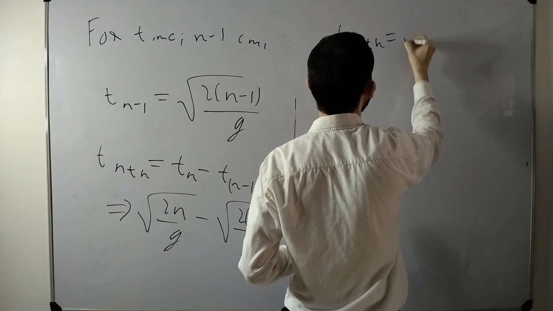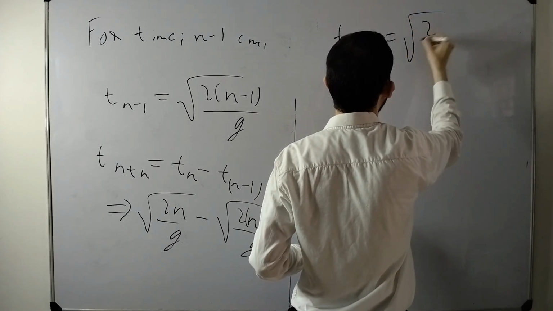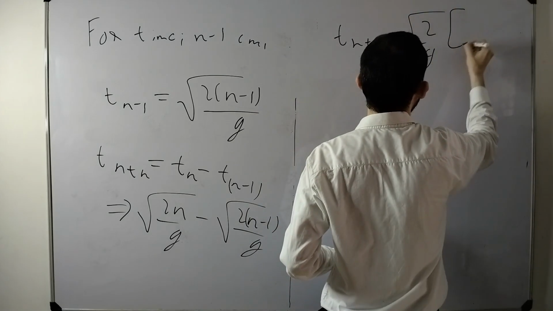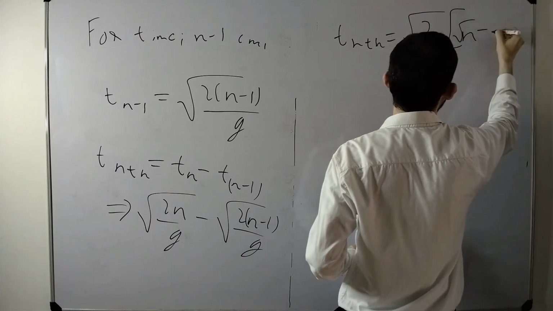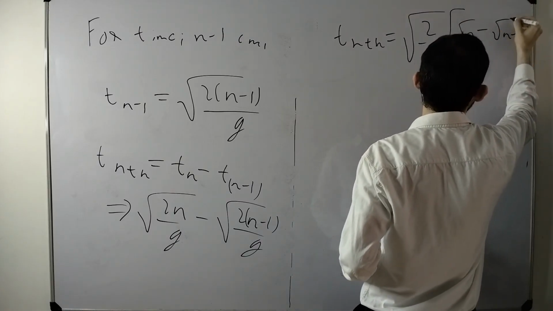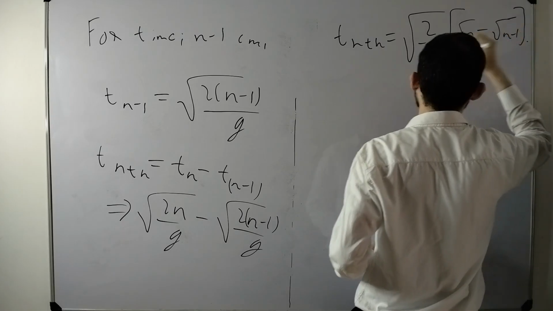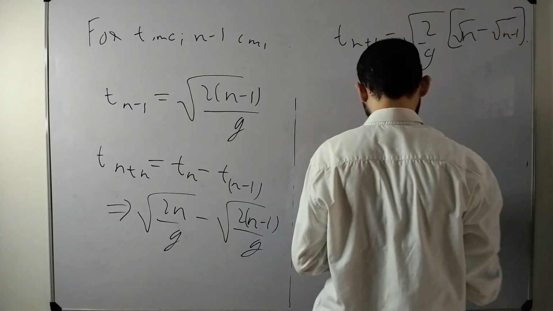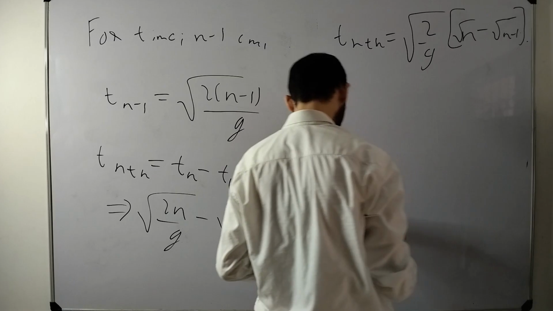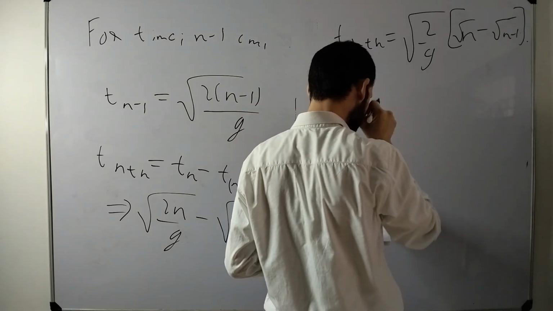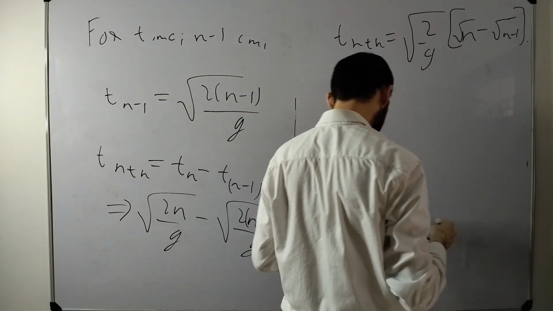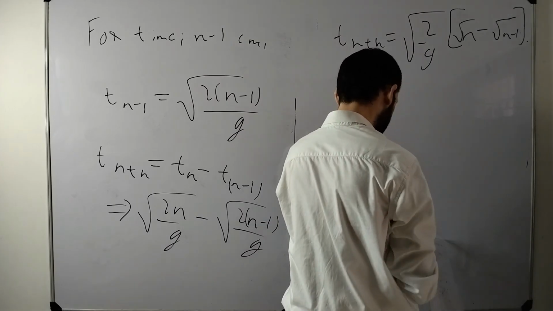Tnth becomes under root 2 upon g, into under root n minus under root n minus 1. Yes, sir, this is perfect. This is correct. Now the next part.